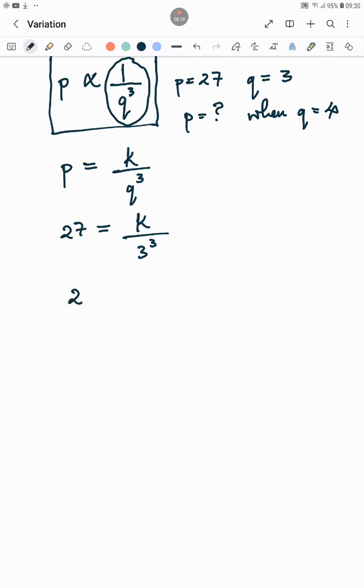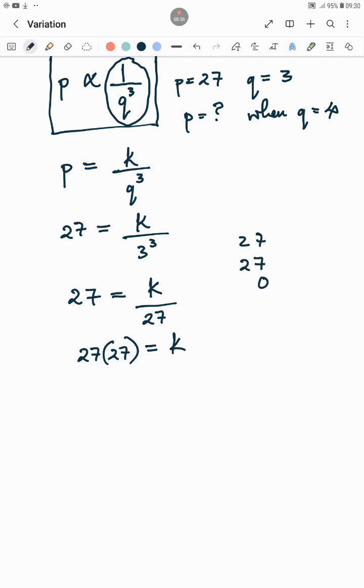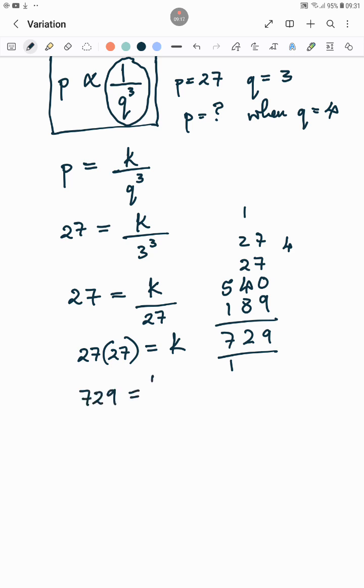Here this is 27 is equal to k over 27, and you multiply 27 and 27 to get k. 27 times 27 gives 729, which is equal to k.